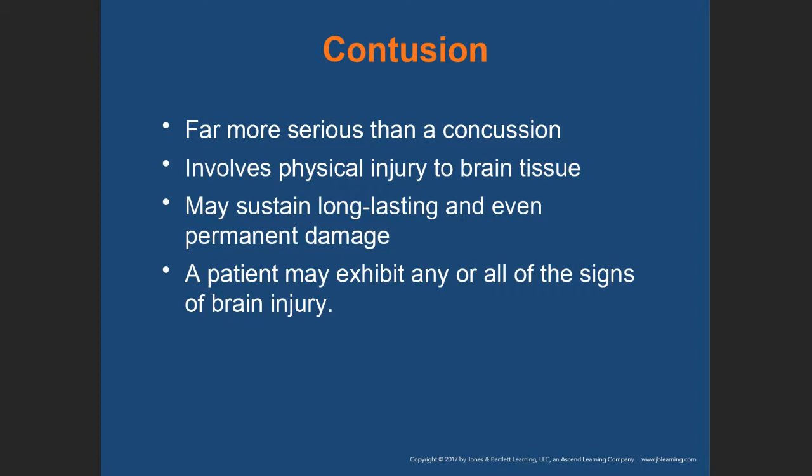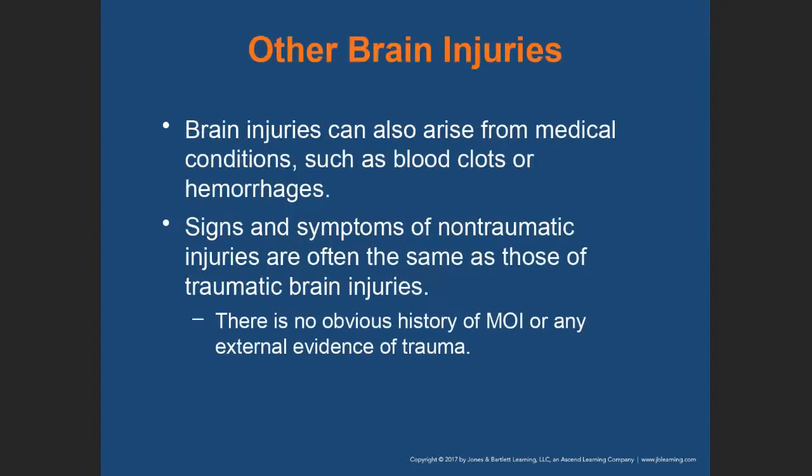Now, contusion, far more serious than a concussion because this is direct injury to the brain tissue itself. So it involves physical injury to the brain tissue, may sustain long-lasting and even permanent damage. A patient may exhibit any or all of the signs of a brain injury. Other brain injuries can also arise from medical conditions, right? So it doesn't necessarily have to be trauma-related, it can be from a medical condition.